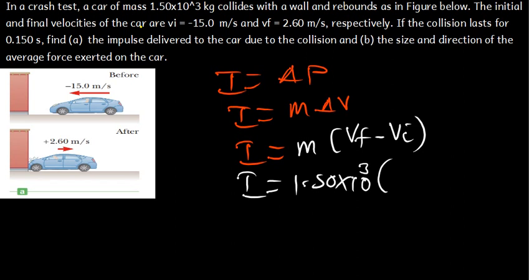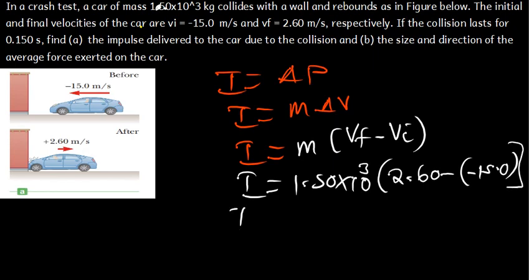What is the final velocity? The final velocity is 2.60 minus the initial velocity, which is negative 15. So this one is supposed to be negative 15.0, and not negative 1.5 here.